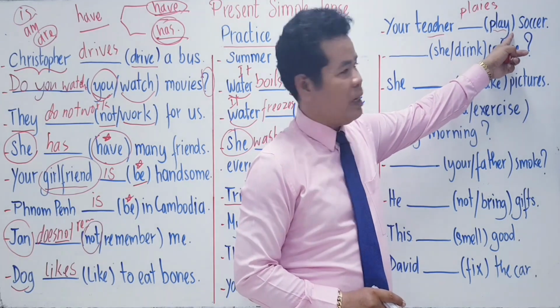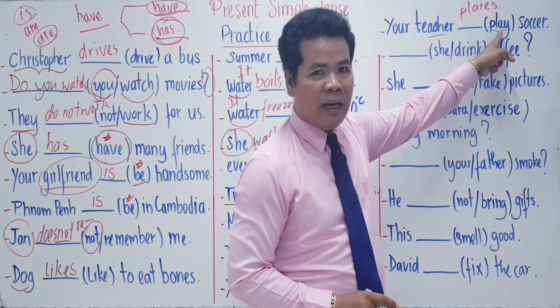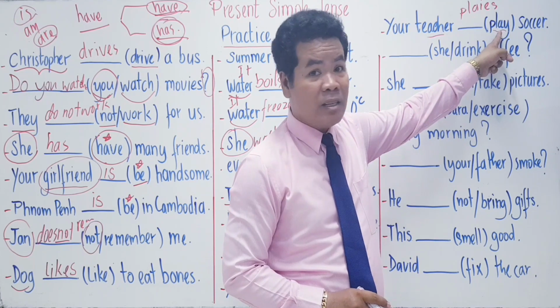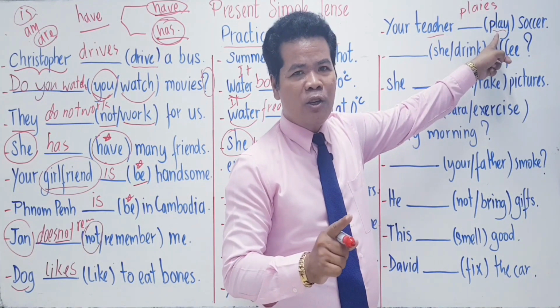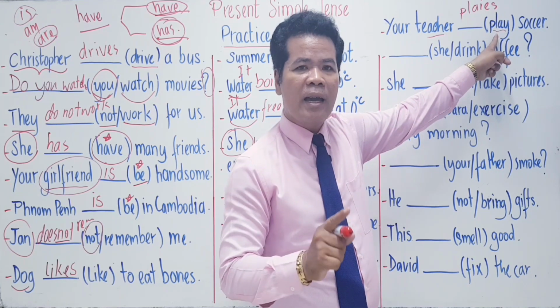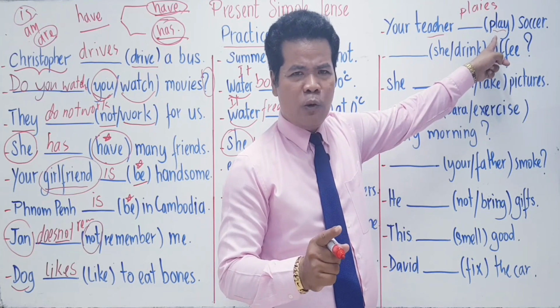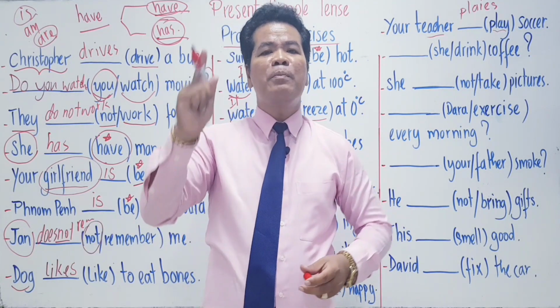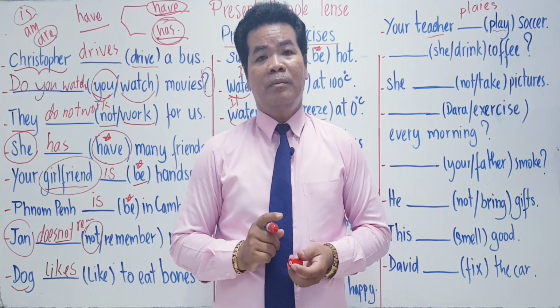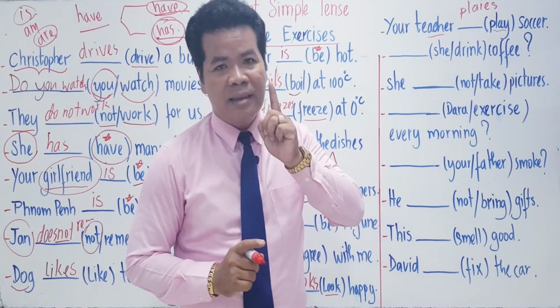Y at the end of the verb. And how about A? Is it a consonant or vowel? It is not a consonant, it's a vowel. So there is no reason to change letter Y to letter I and add ES. So what form are you going to use? We go with the 80% of verbs, just plus S.